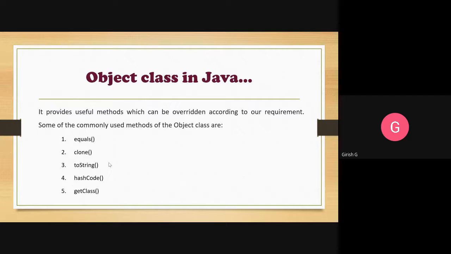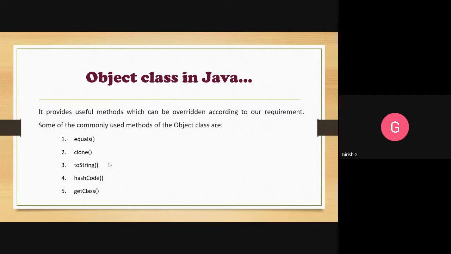Next we have something called toString. When you want to convert an object to a string, your toString method will help.